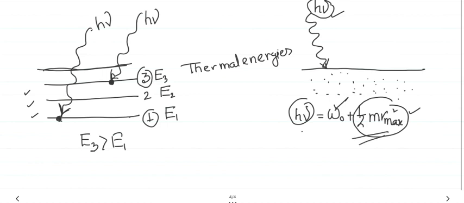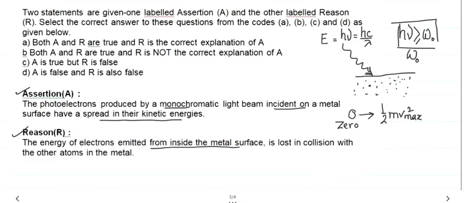except this ½ m v_max², initially electrons are at which energy levels? Depending on that, the kinetic energy of the photoelectrons coming out from the metal has a spread in kinetic energies, ½ m v_max². So the assertion is correct here.